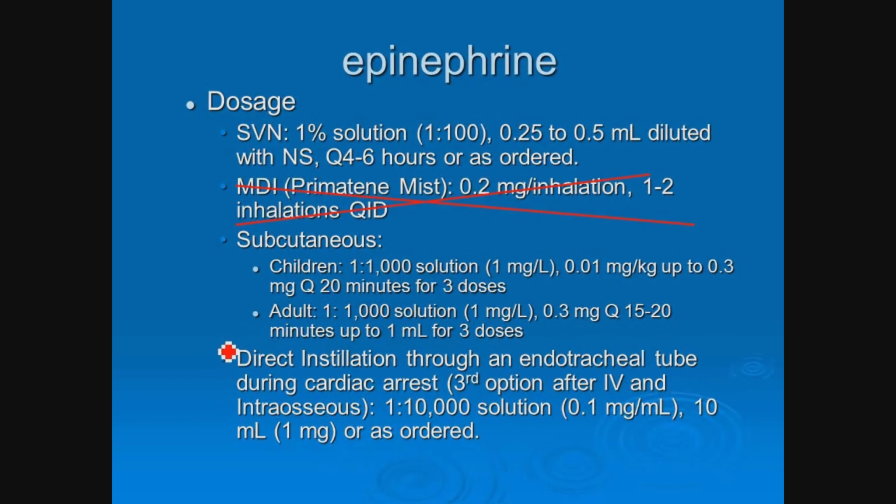It's 1 to 100 for nebulization, 1 to 1,000 as a subcutaneous injection, and 1 to 10,000 when given during cardiac arrest, either through an IV or intraosseous site. What's intraosseous? The bone. Pardon me? Drill, yeah.